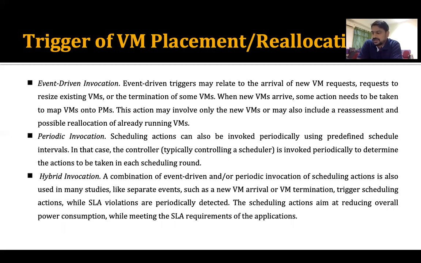First, any new virtual machine has arrived, so we have to do placement. Second, the existing one may be resized, scaled up or scaled down, so we have to do mapping, or some virtual machine may be terminated, then that virtual machine has to be migrated to some other place.